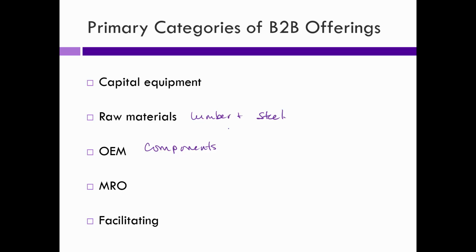MRO is maintenance, repair, and operations. So these are like janitorial supplies that you need in the manufacturing thing, hardware, those types of products. And then everything else falls under facilitating offerings. And so these are not part of the product, but really still necessary to do that.